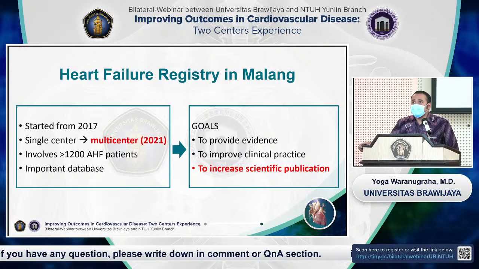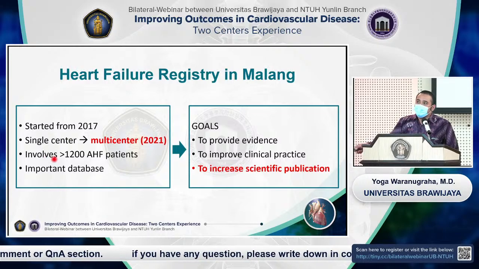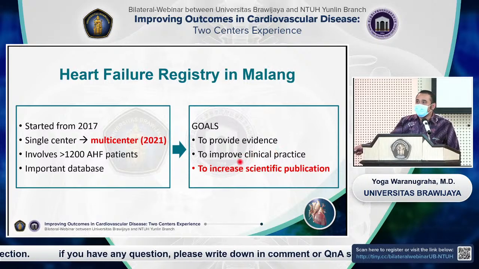And of course, this heart failure registry is an important database for us. The goals of the heart failure registry are to collect a lot of patient samples, provide the evidence, improve clinical practice, and lastly to increase our scientific publications, because it's very important for us.